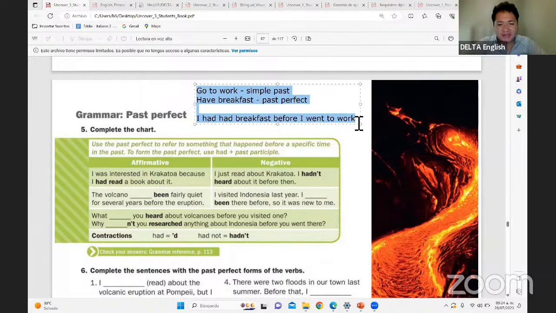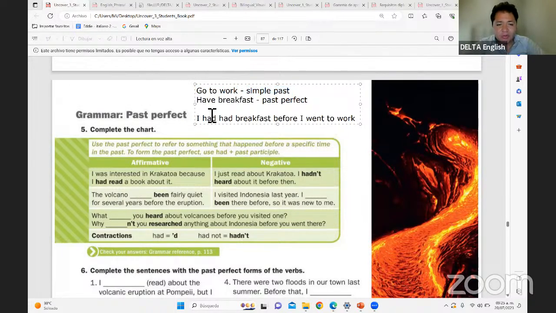I don't know if that makes sense, but yeah, the past perfect is used when you did something before you did anything else, all right? So again, you have two events, go to work, and the oldest one will be past perfect, and the newest one, or the closest to the present, is the simple past, right?